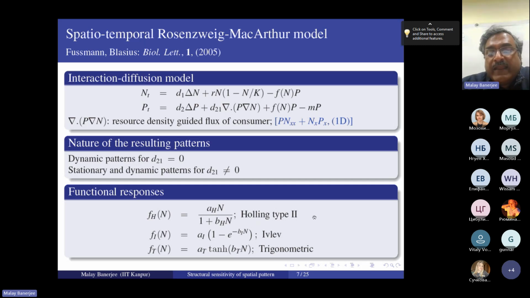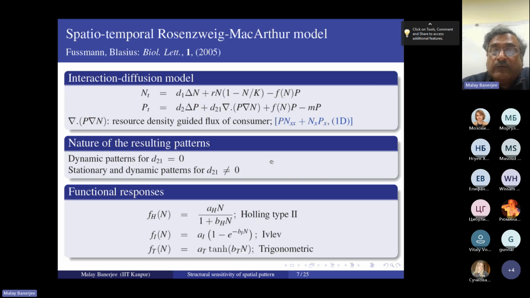And one point I would like to mention is that the parameter values we have chosen for this study are not according to the parameter values chosen by Fussmann and Blasius, because at a certain point they have considered a particular value of AH and BH, and the same value they have used for AI, BI and AT, BT.